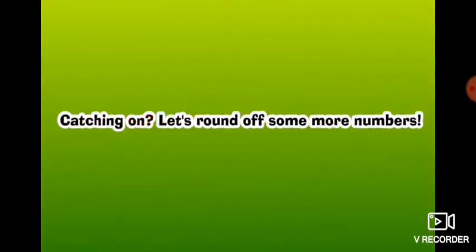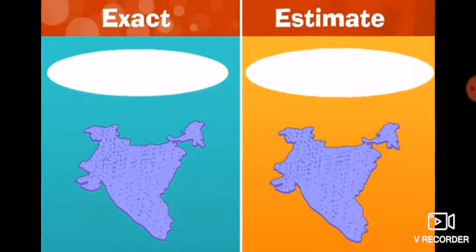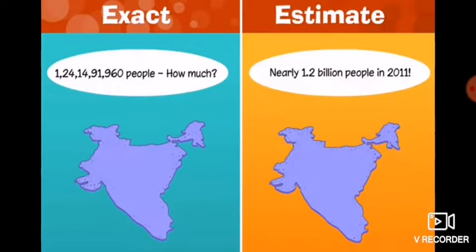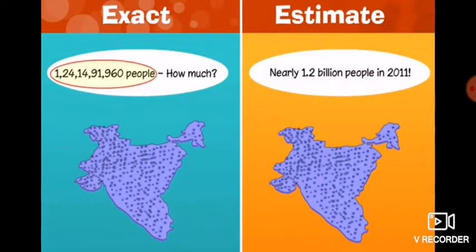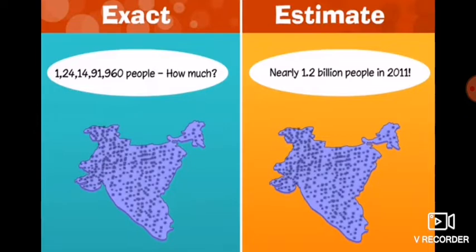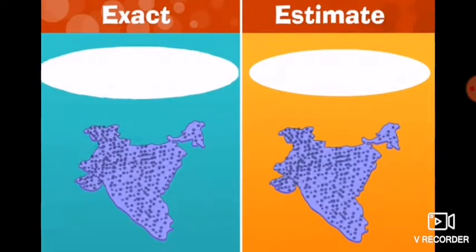Catching on? Let's round off some more numbers. According to the 2011 census, India's population was 1,024 crores 14 lakhs 91,960 people. Phew! Let's round that off to its nearest multiple of a billion.